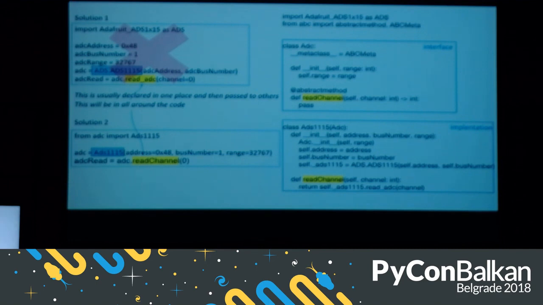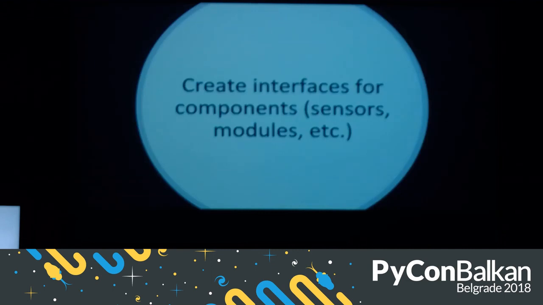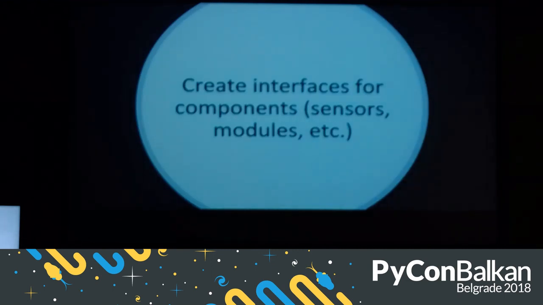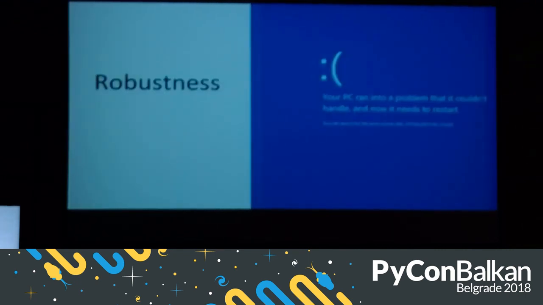This is better because when you have to change physically the hardware, the module, you just have to add another implementation of this interface ADC, and it's going to be much easier in your code to accommodate, to be prepared for any kind of changes. So the key takeaway here is to create interfaces for components that can change, such as sensors, modules, etc.